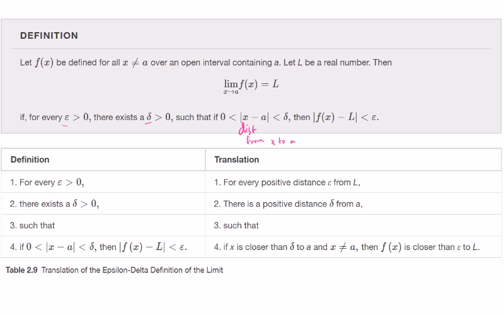So they're saying this distance has to be greater than 0, and it has to be less than some positive number. That could be any positive number, so you could pick 0.1 or 0.5 or 100 or whatever. So there has to be a value where this distance is greater than 0 but also less than some positive number.